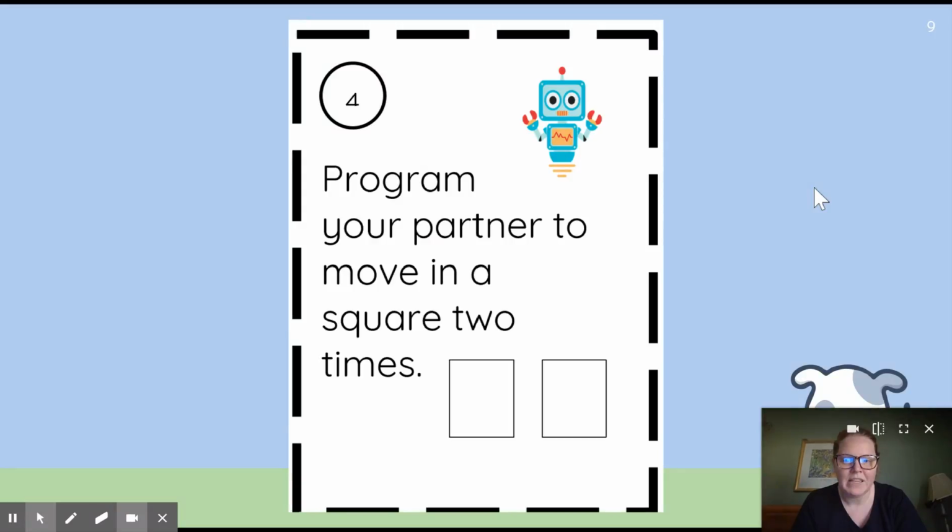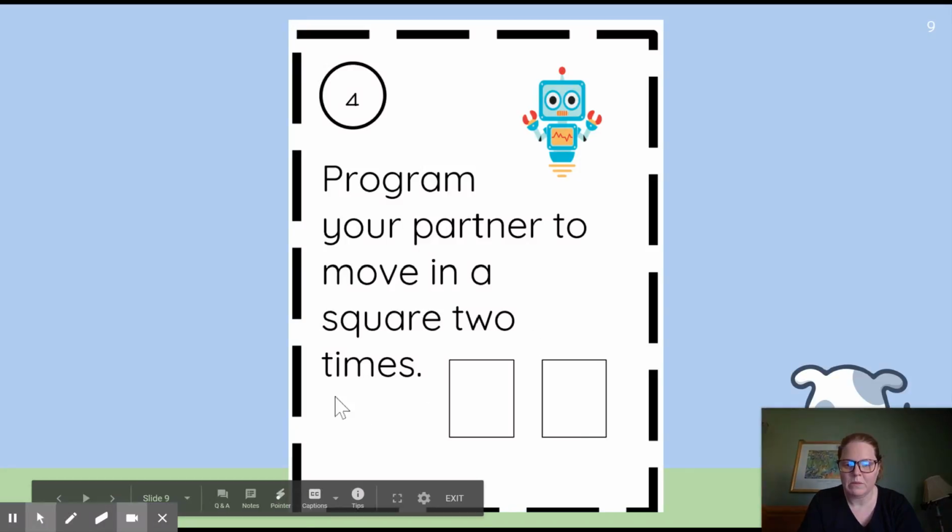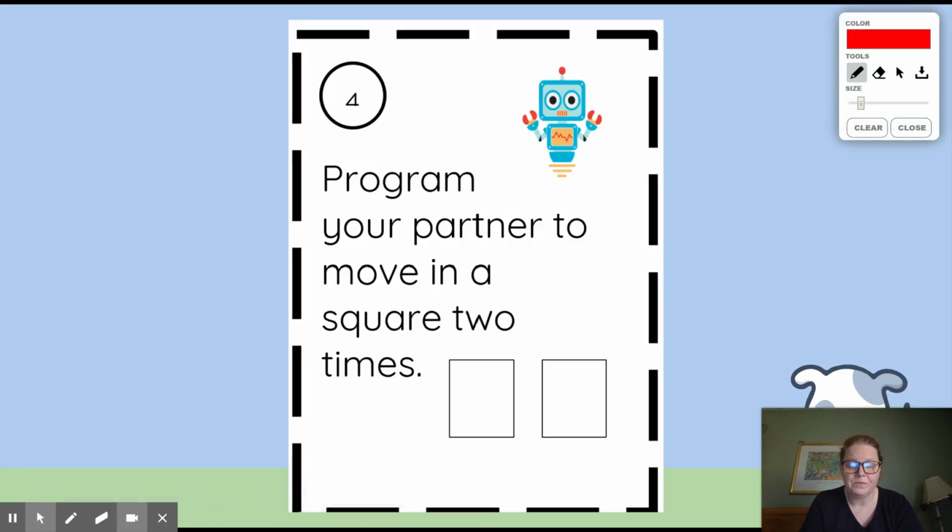All right. Next, we have program your partner to move in a square 2 times. So here's what I would do. We're going to use our repeat tool. We're going to repeat 4 times.